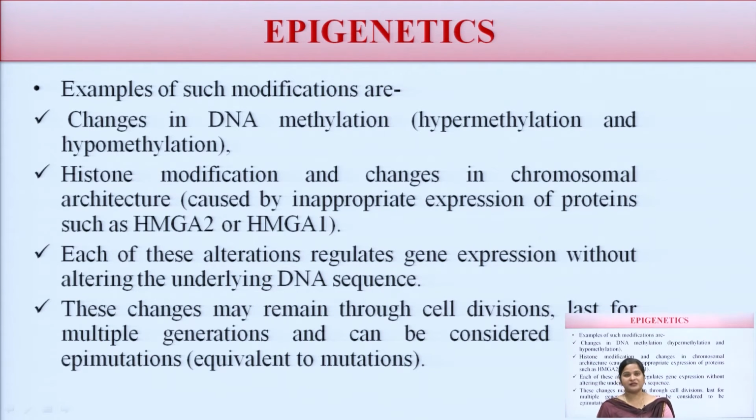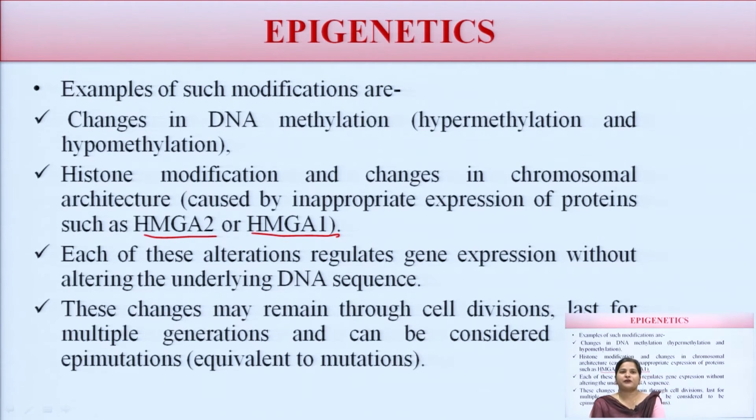Histone modification, these histones are proteins, okay. So, histone modification and changes in the chromosomal architecture cause the inappropriate expression of proteins, like HMGA2 and HMGA1. These are histone proteins which may change their structure, and they show altered expression, like HMGA2 and HMGA1.